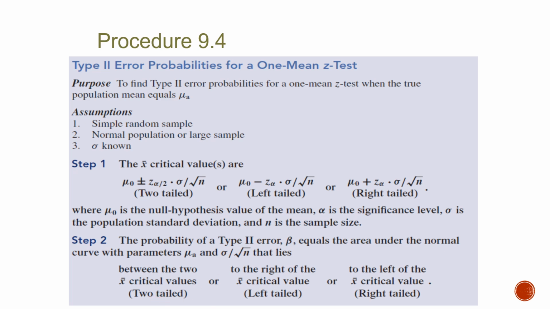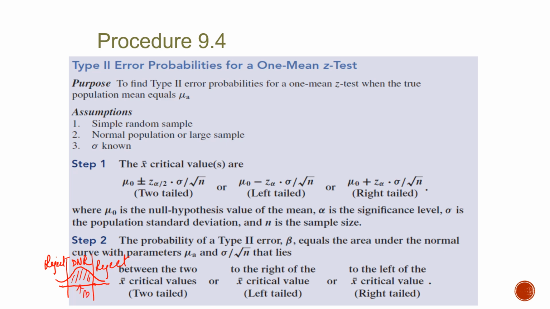So in other words, let me just quickly draw a picture for the two-tailed test. Your do not reject region. Remember, for a two-tailed hypothesis test, there are reject regions on both sides. All right, both sides reject, and then do not reject is at the center. All right, so this is going to be our beta value.